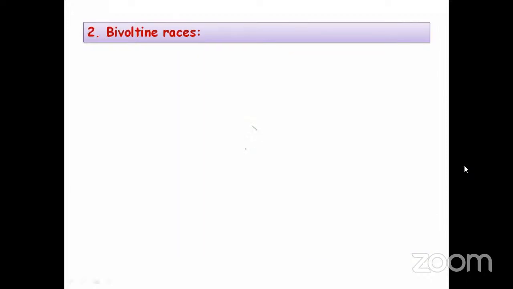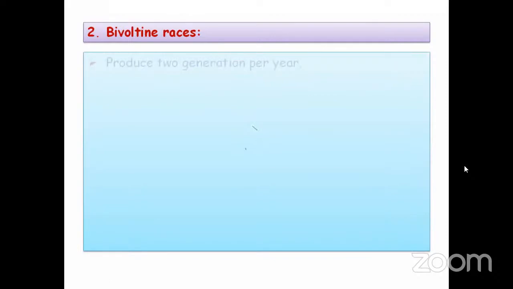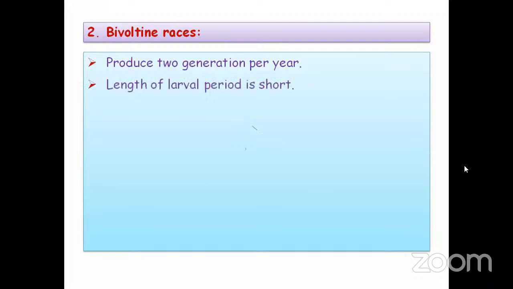Then the bivoltine races. Bivoltine races produce two generations a year. Here the length of the larval period is short because they produce two generations in a year, which ultimately affects the larval period.